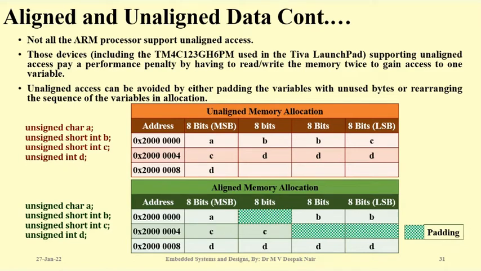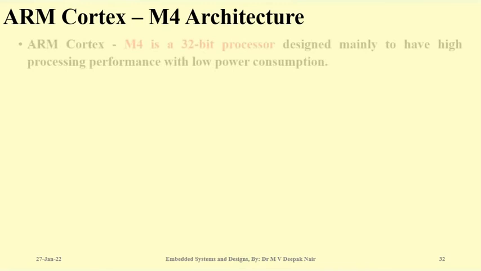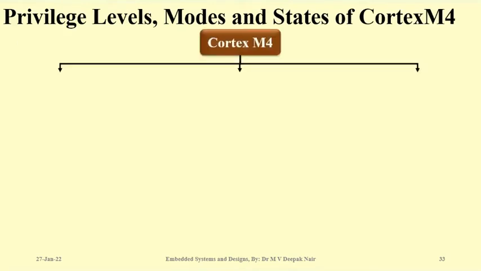Remember, this is a trade-off between memory and speed. If you need all the memory, reduce the speed. If you want high speed, always go for aligned memory access. So the trade-off is speed versus memory.